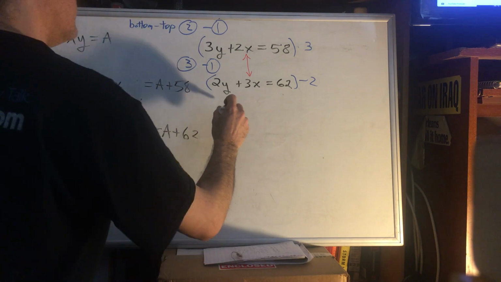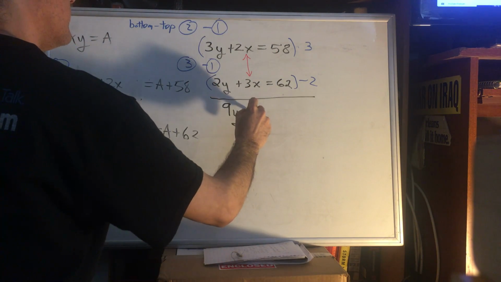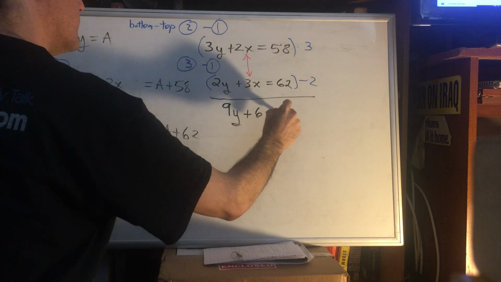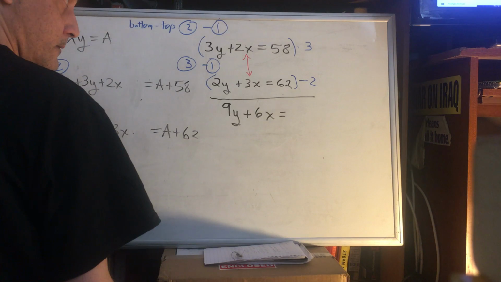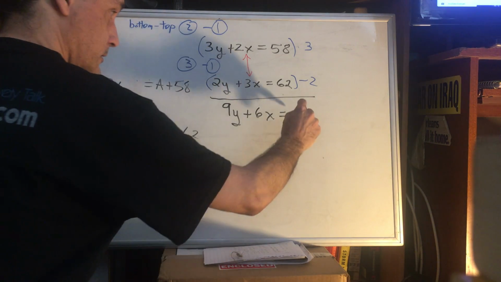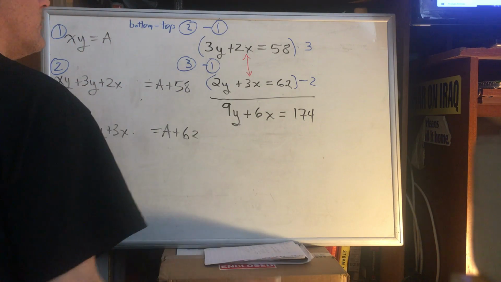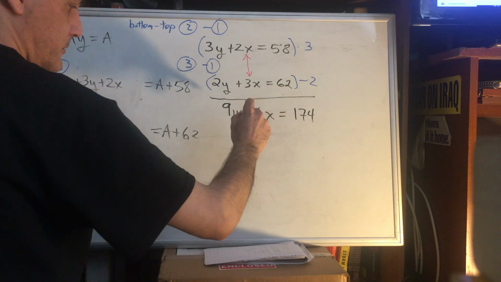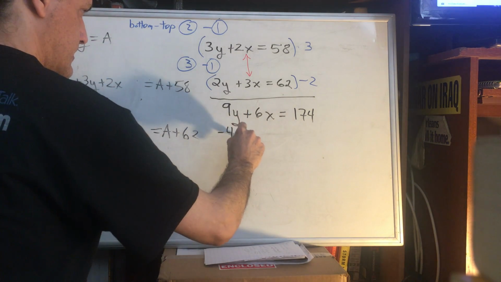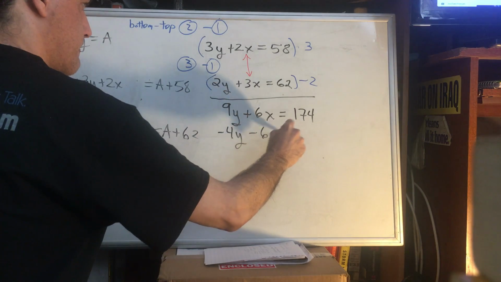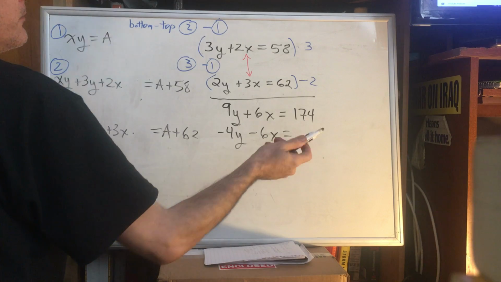Okay, so then you get 9y plus 6x equals 3 times 50, 3 times 8, 150 plus 24, 174. Okay, multiplying this by -2. Two times 60, 2 times 2, 120 plus 4.